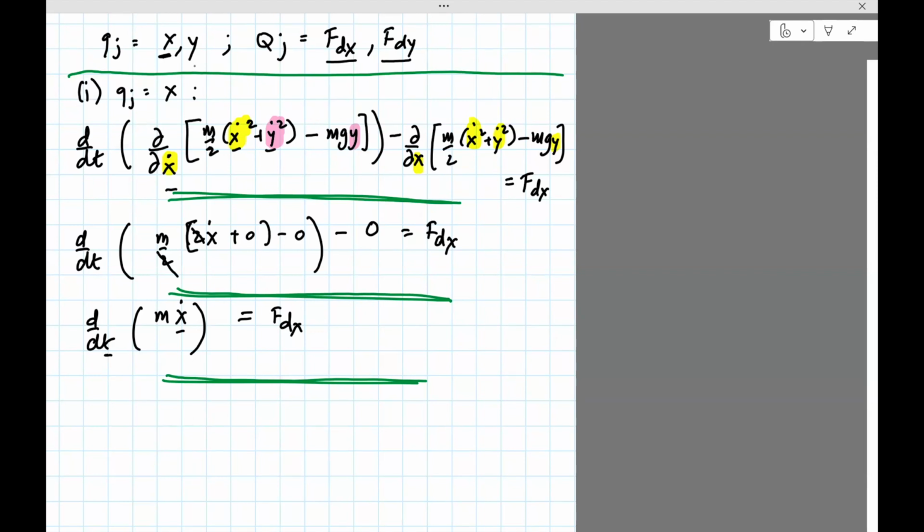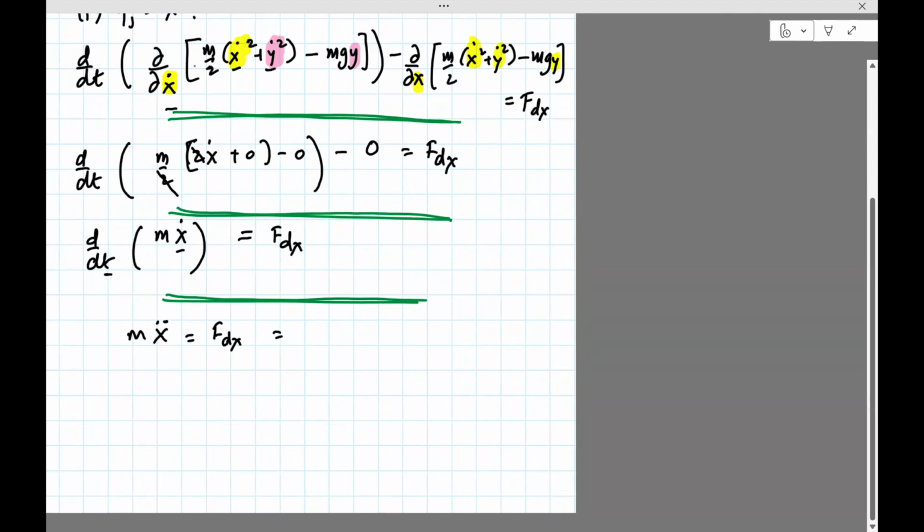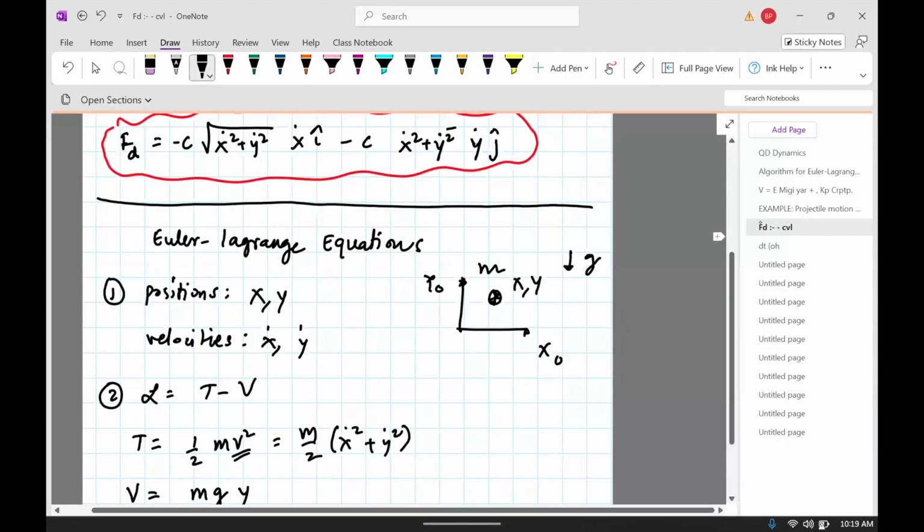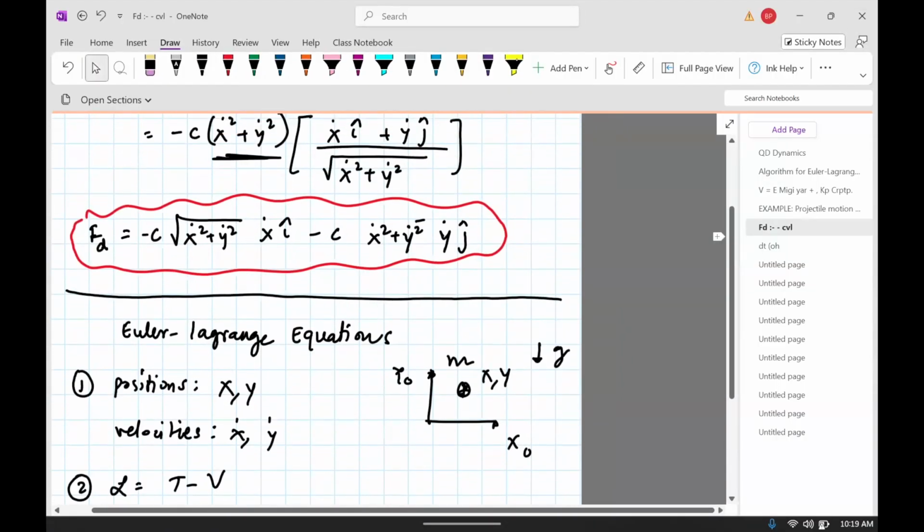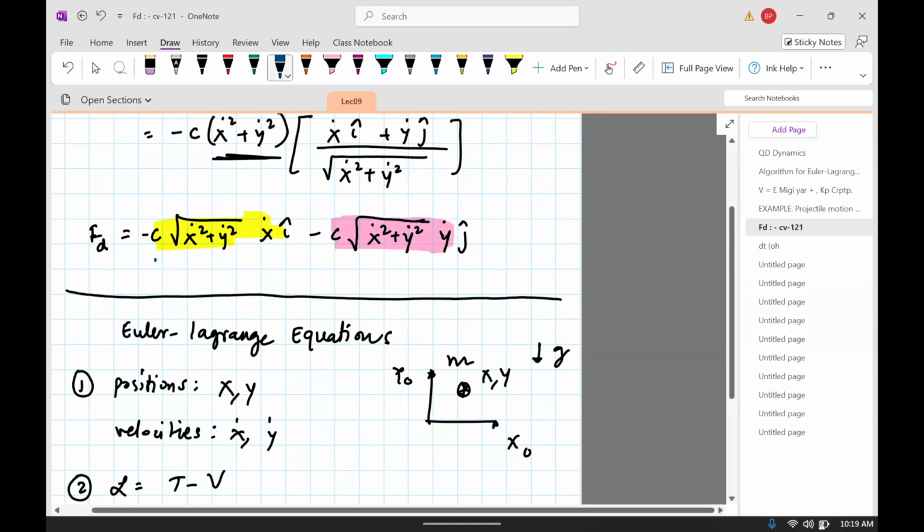It's the velocity. So if you take the time derivative of velocity, you get acceleration. So we have m x double dot equals F_x, and F_x, if you go back over here, is essentially this part. This is F_x, this is F_y. So we just write that down.